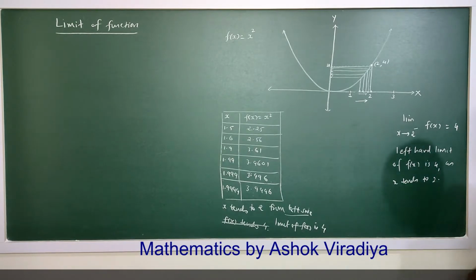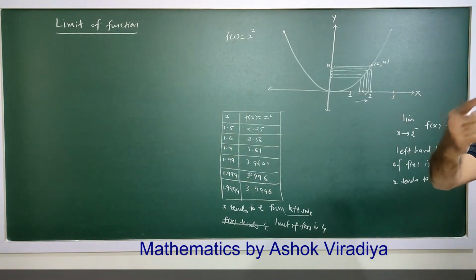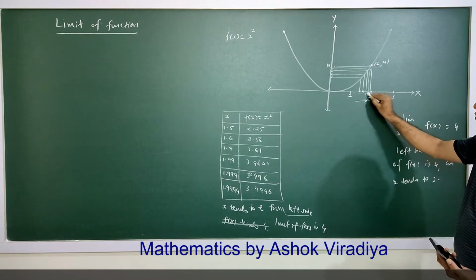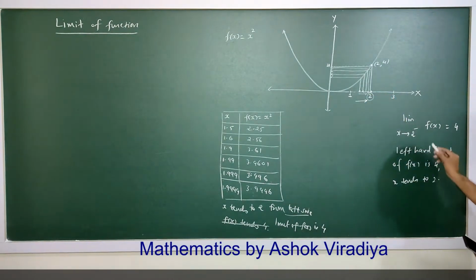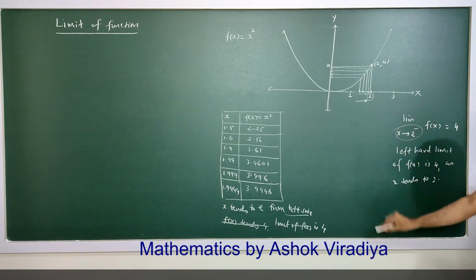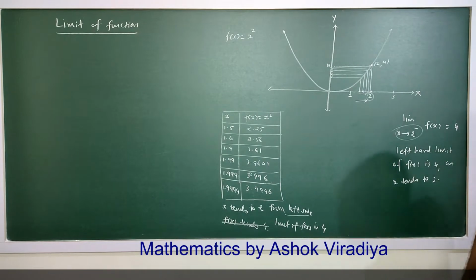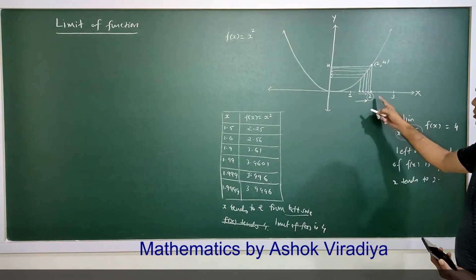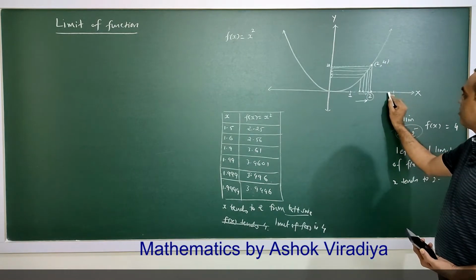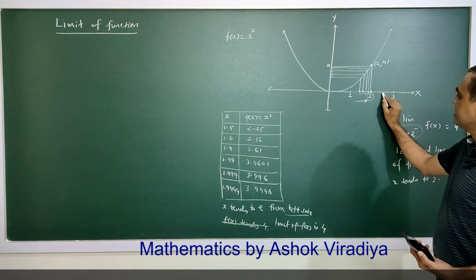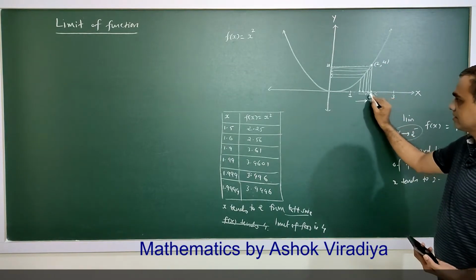Now we are talking about right hand limit. See, we are discussing at 2. When x is going near and near towards 2, what is happening on f(x)? Now talking on this side. Now I will change the value of x going near and near from right side.